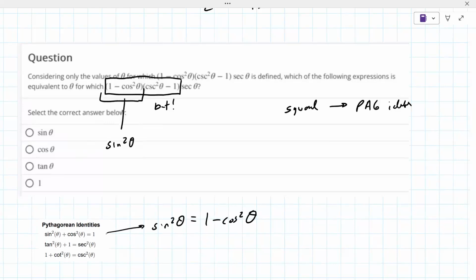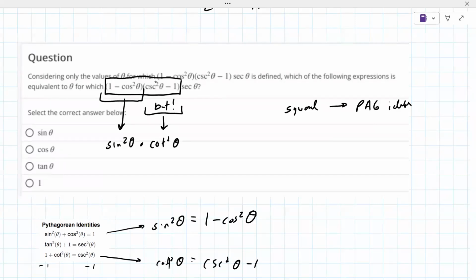And then this last one here, if you subtract 1 from both sides, you get cotangent squared theta equals cosecant squared theta minus 1. So this second one here becomes cotangent squared theta. Then you bring the secant theta down. So let me know when you get caught up to that.